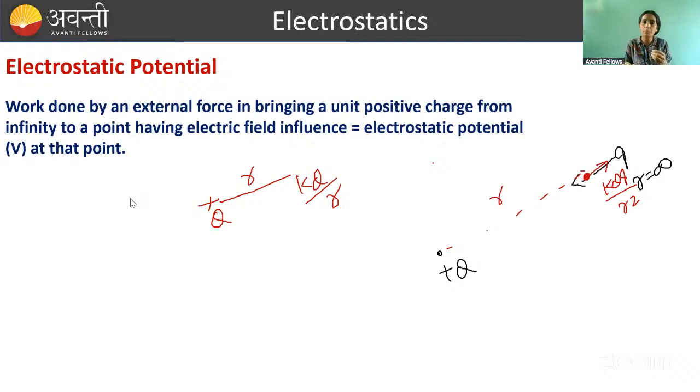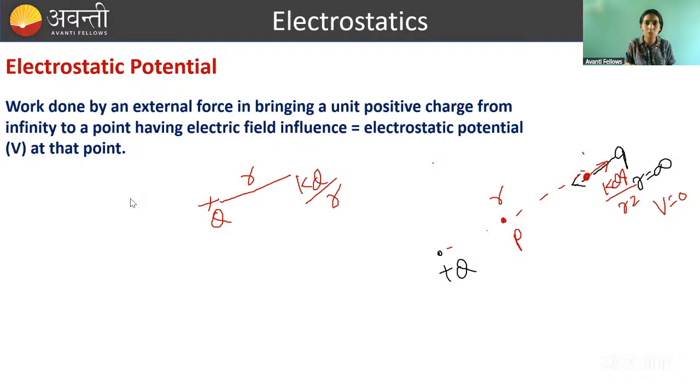So if we have to make it move with constant velocity, we have to move it from infinity. At infinity, it was at rest, and we have to take it to point P. Then we have to shift it to P in such a way that at P also it has no velocity. I mean, no work is happening on this charge q. And this is only possible if the net force acting on the charge is zero.